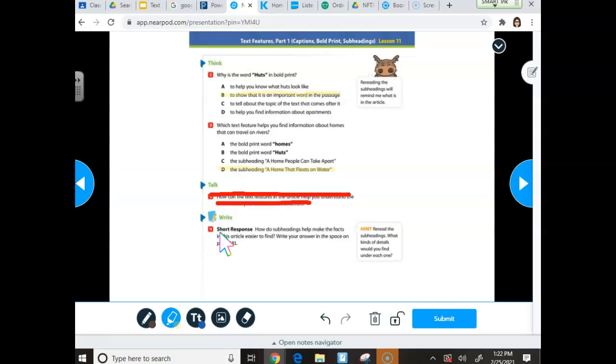And number 3, we talked about in class. Number 4, how do subheadings help make the facts in the article easier to find? All right, and you are supposed to write your answer on the next page.